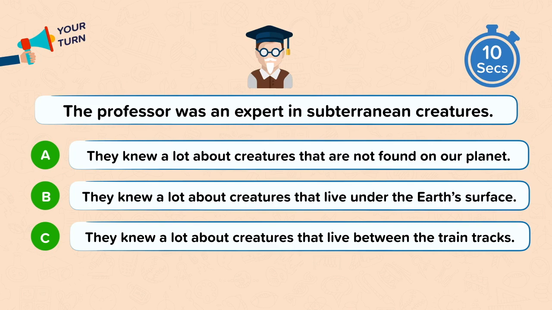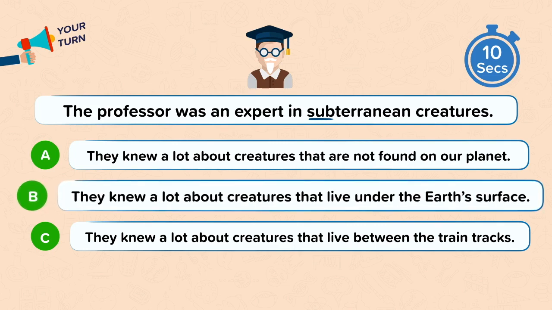So you should have focused on the word subterranean here, and the prefix should have given you a big clue. So sub means under or below, and terranean, which you might not have known, means relating to the earth. But even just the sub on its own should have given you the clue that it's B. The professor knew a lot about creatures that live under, because remember sub means under the earth's surface. Well done if you got that one correct.